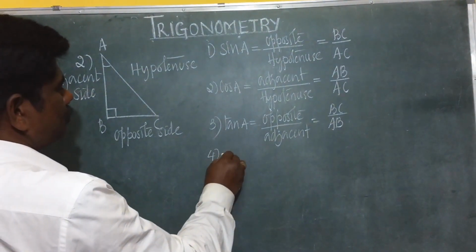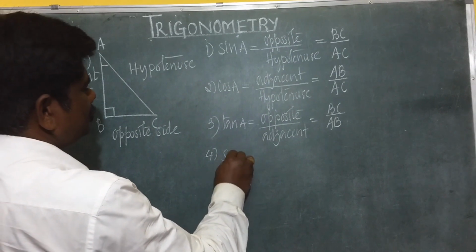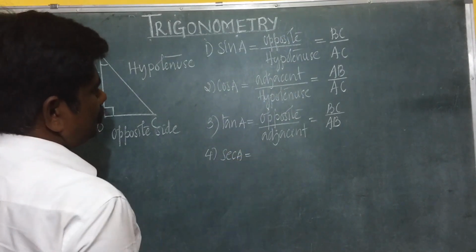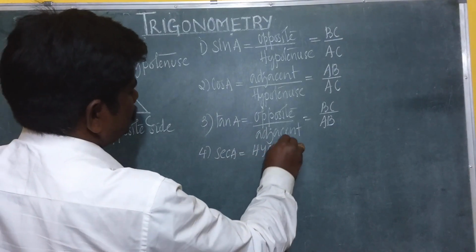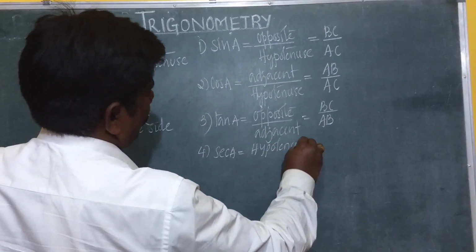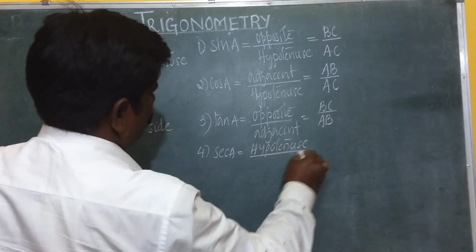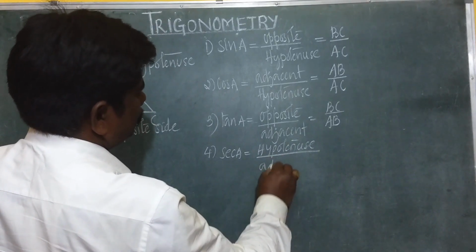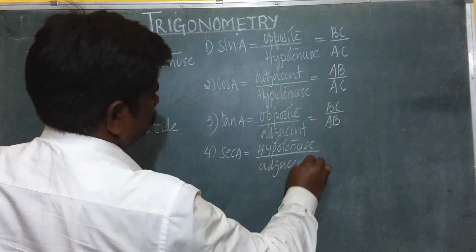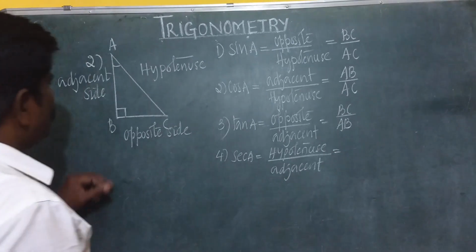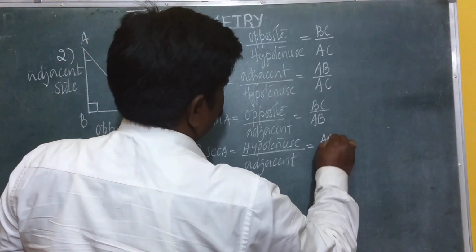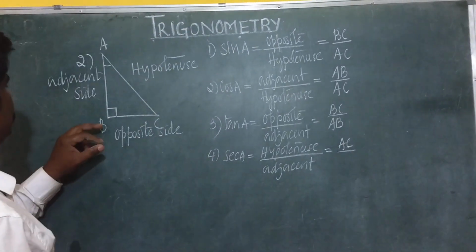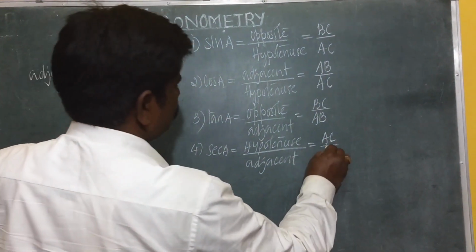Then the fourth one, sec A, which is equal to hypotenuse upon adjacent. So hypotenuse is AC and adjacent here is AB.